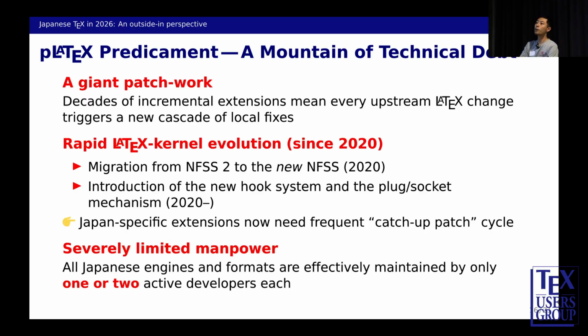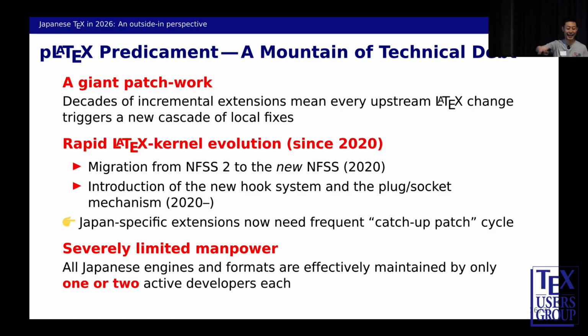But the real problem is that the Japanese community of TeX-related project developers has severely limited manpower. We have only 1 or 2 maintainers for each project. We have probably 2 maintainers for the pTeX engine, 2 for upTeX, and 2 for the pLaTeX kernel.